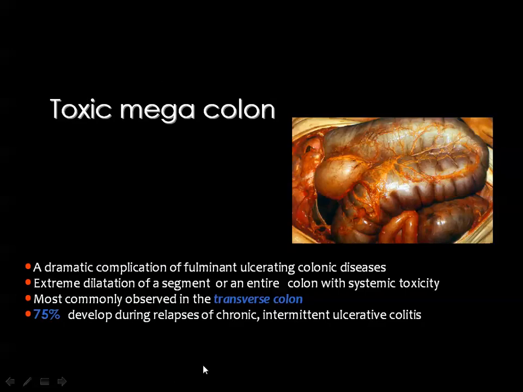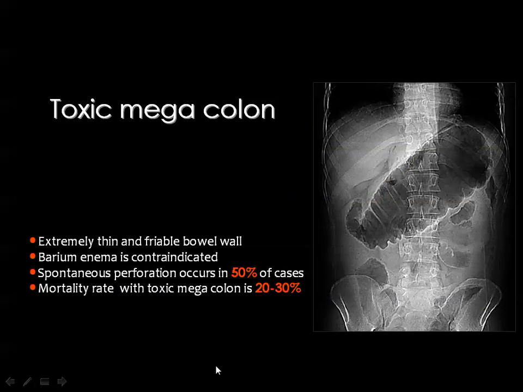Toxic megacolon means that the colon is extensively dilated. Particularly, this disease affects the transverse colon, and the colonic wall is very friable and liable to rupture. Barium enema and endoscopy are absolutely contraindicated in such conditions for fear of perforation of the colon.